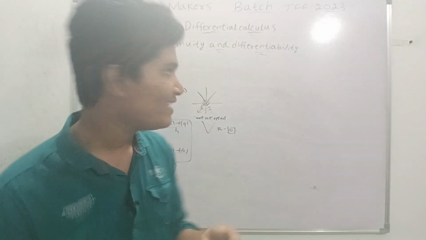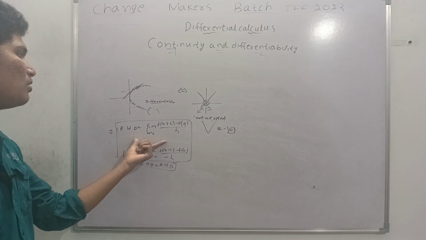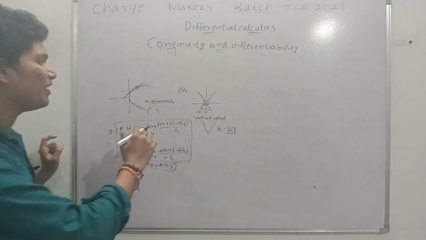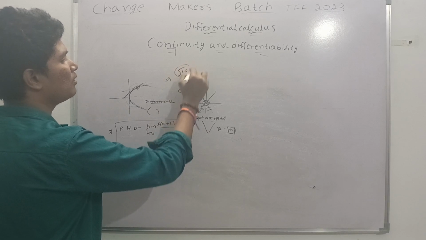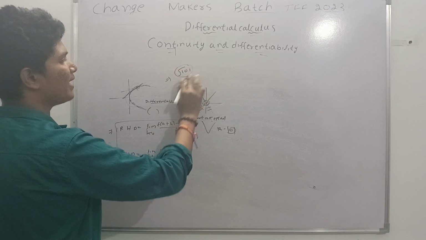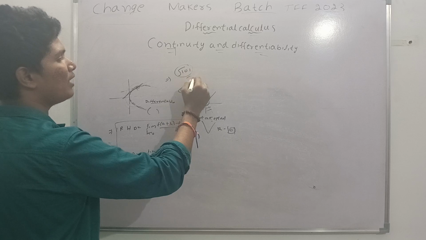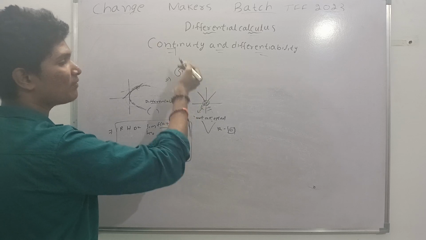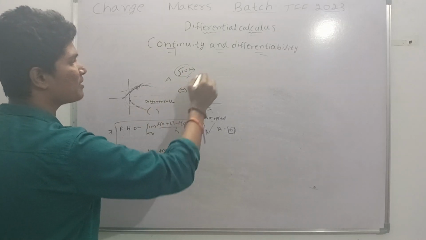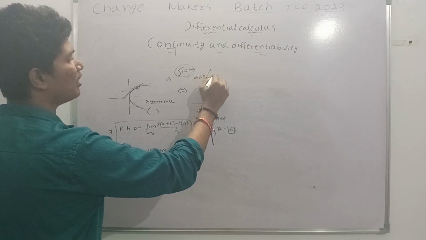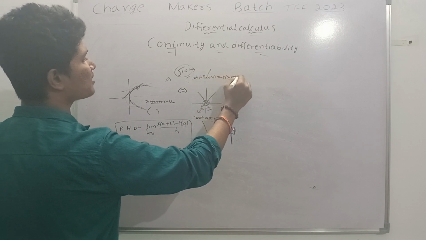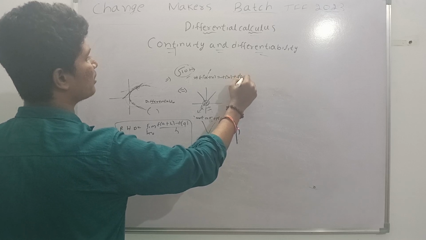And this is called the first principle. In the previous video, I already explained root 101. We can find the root of this with the help of the first principle, that is f of a plus h equal to f of a plus f dash a into h.